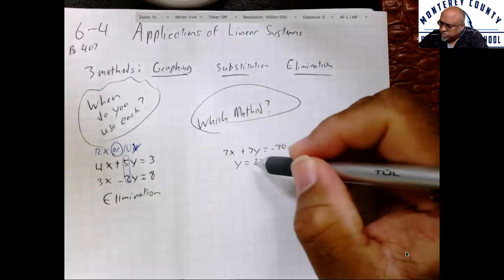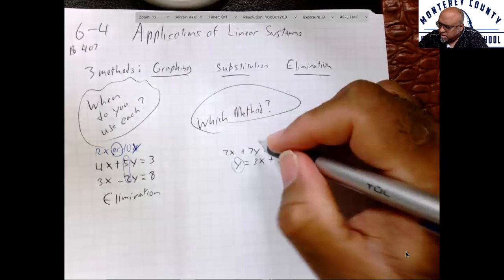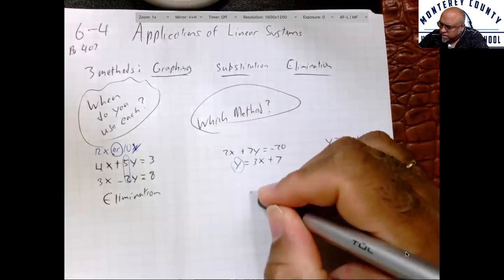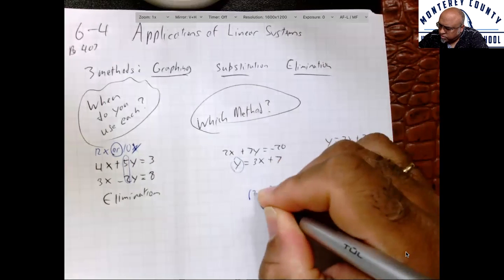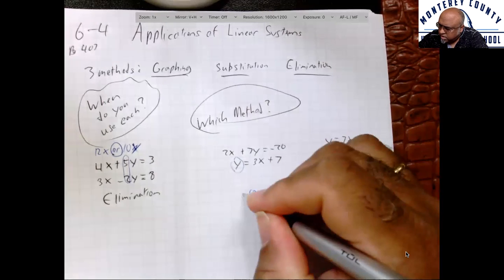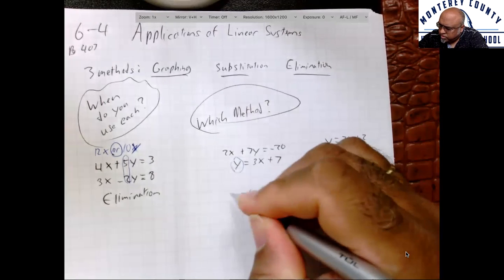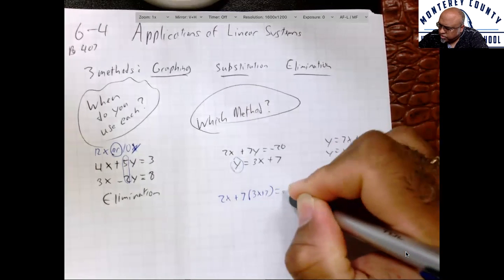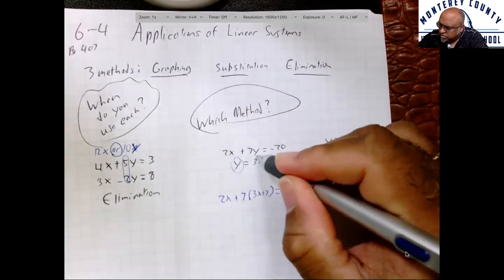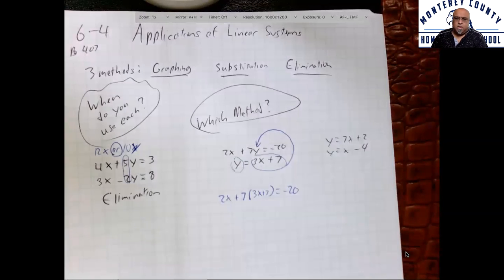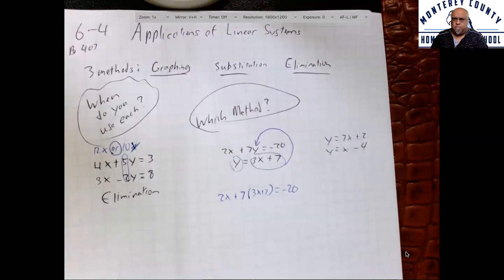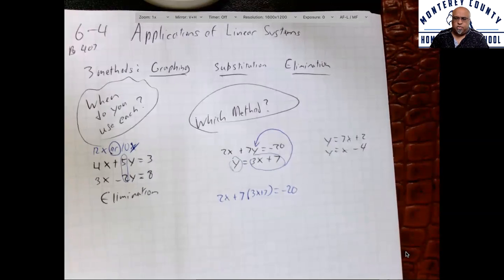Since y is isolated here, I can substitute it in for the value, and I'm just going to set this up. 3x plus 7 is the value of y, so I'm going to write 3x plus 7, and rewrite the rest of my first equation, because I can substitute this value in for y. Go back to the lesson, I believe it was 6.2, if you weren't sure how to follow it through.